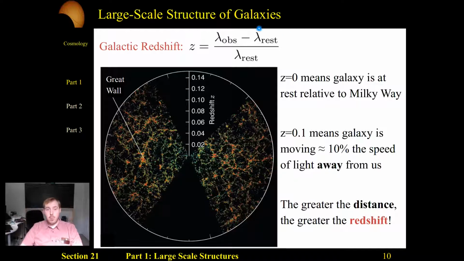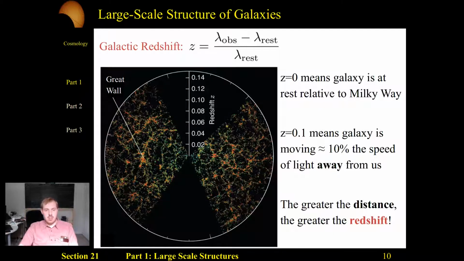So the rest wavelength would be that orangish glow from my neon light, and then the observed wavelength is what I literally detect here as my neon bulb is on that rocket ship flying away from me. So this is a dimensionless quantity because we divide by the rest wavelength to basically scale and normalize things.